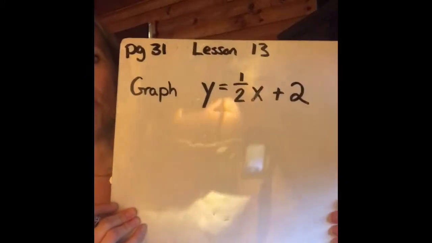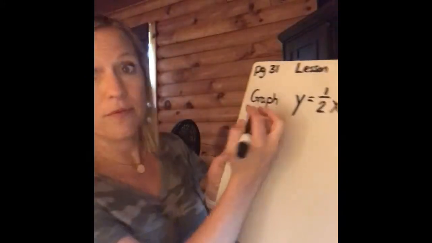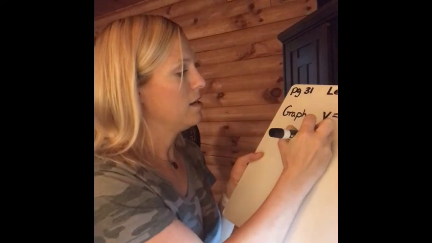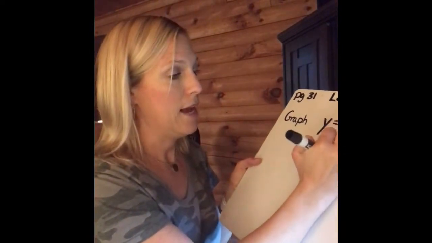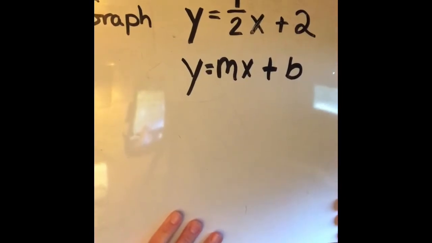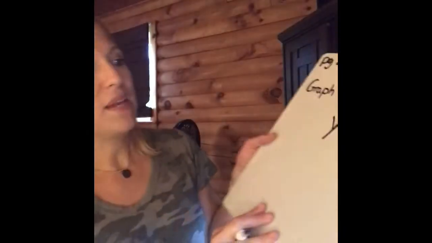So this is your slope-intercept form, and remember, slope-intercept form is y equals mx plus b. Okay, so that's the format that we're going to be using, where b is your y-intercept, right?